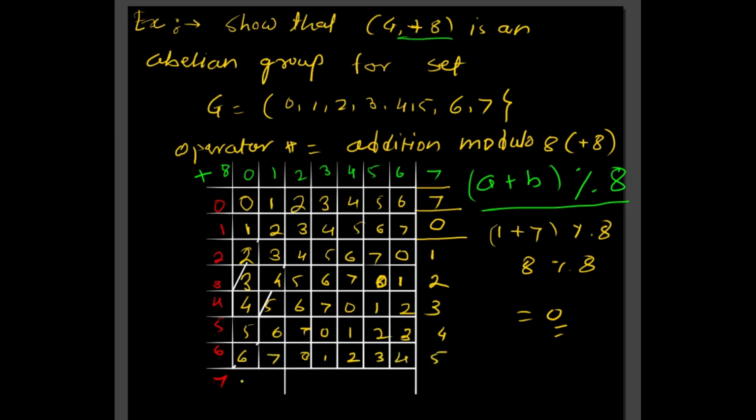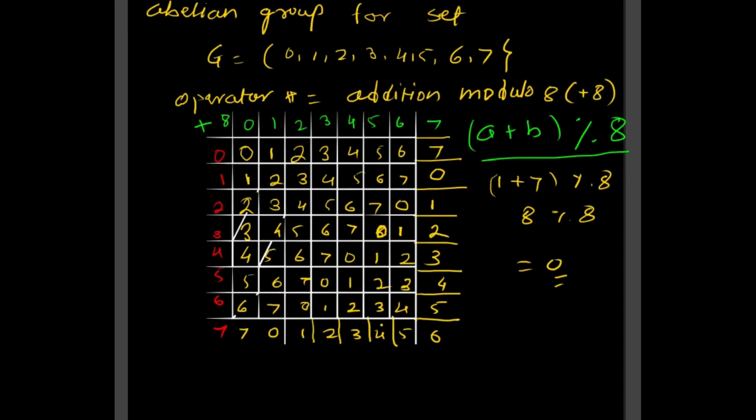And here it is 7, 0, 1, 2, 3, 4, 5, 6. Now this is the result matrix that we have built by performing the addition modulo 8 operation on all possible pairs of the set.